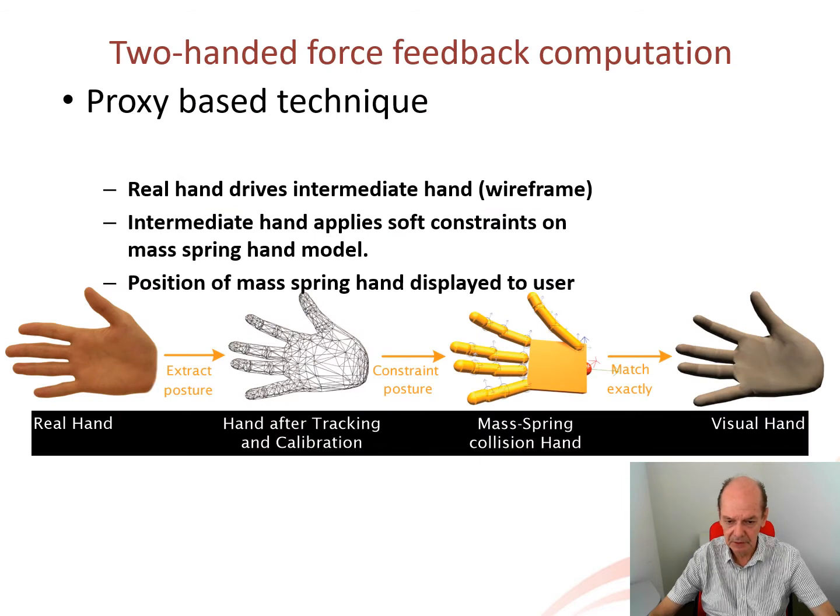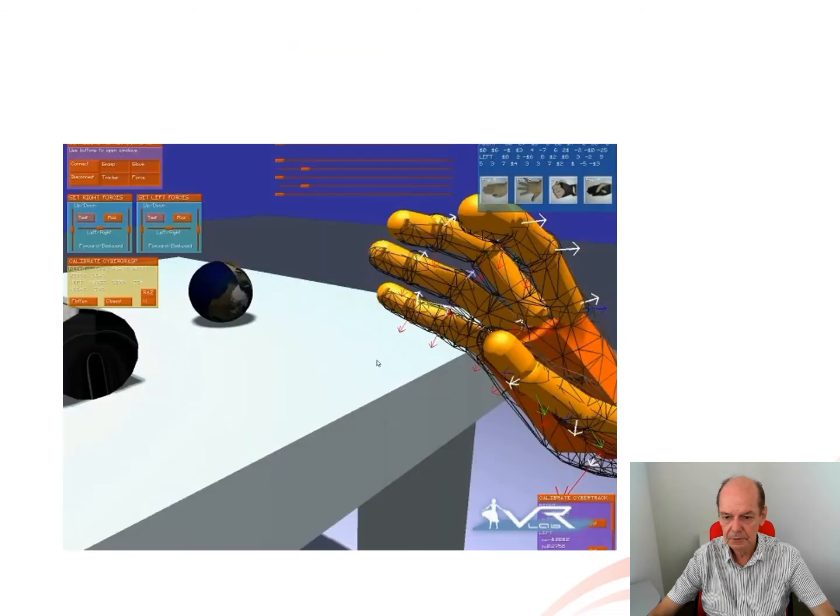So you see we have the hand, we can see this hand visually, but we also have a mass-spring hand which is able to calculate the force applied on objects. So here you can see a movie.